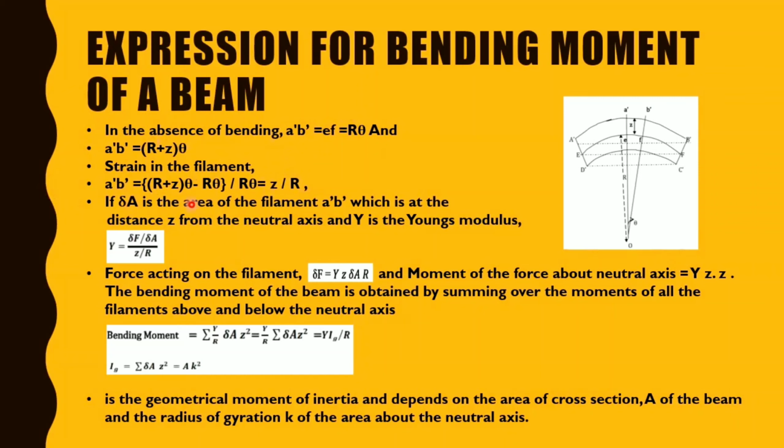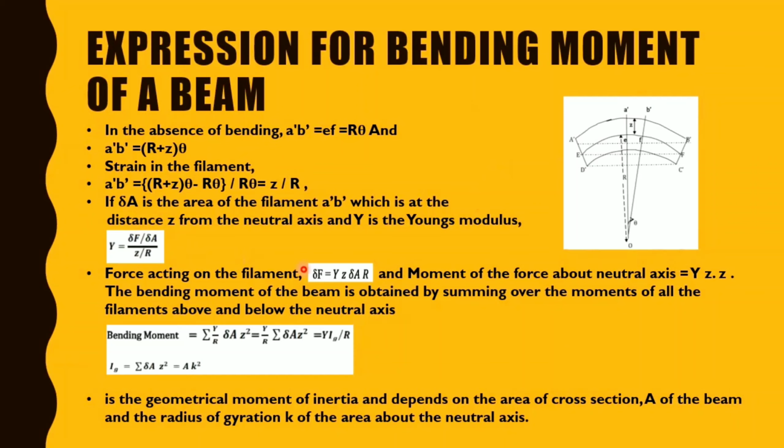So if delta A is the area of the filament A'B', which is at a distance of Z from the neutral axis, then Y, which is the modulus, will be equal to delta F by delta A divided by Z by R. Okay, so delta F is the force acting on the filament.